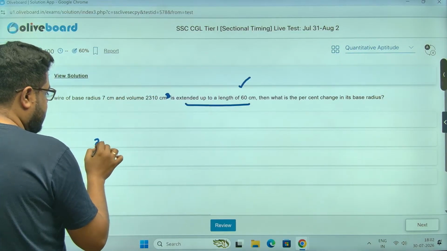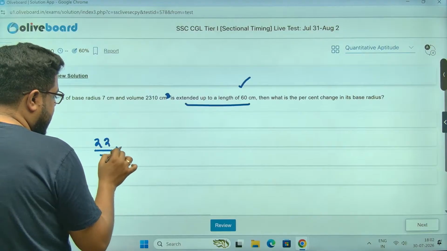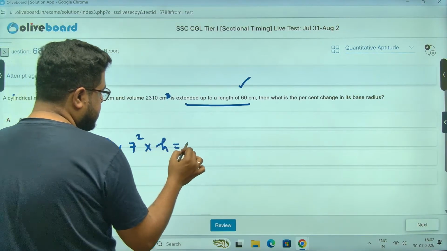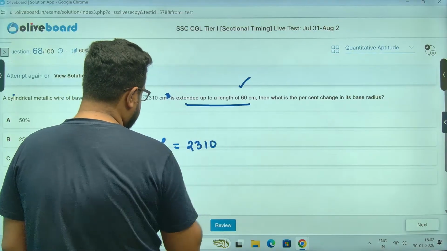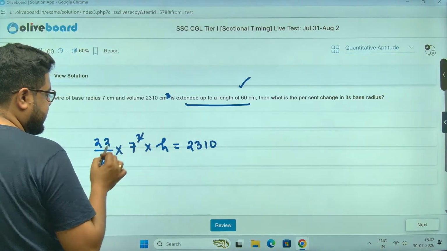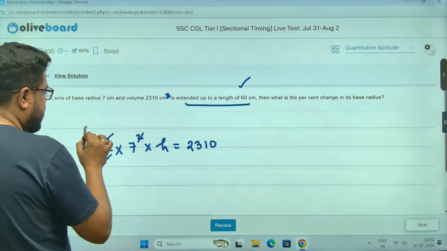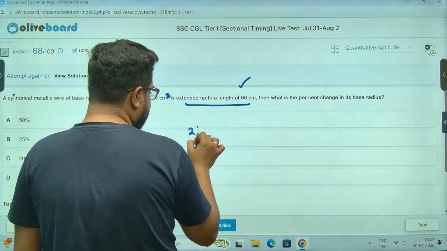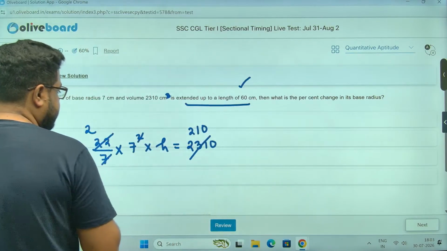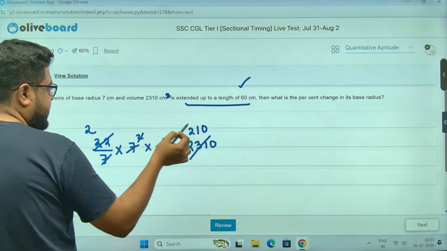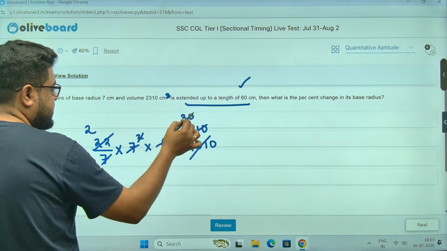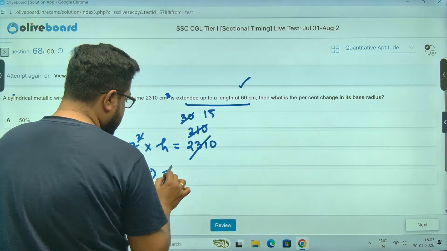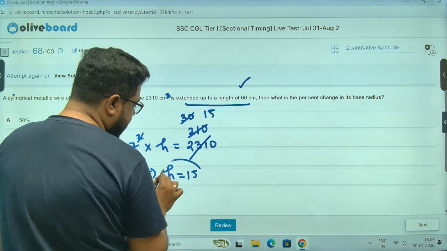So 22 by 7, r square is 7 square, into h is 2310. 7 sevens are gone. 22, 11, 11, 11, 11, 21s are this. 7 30s are this. 2 15s are this. So height is 15 initially.